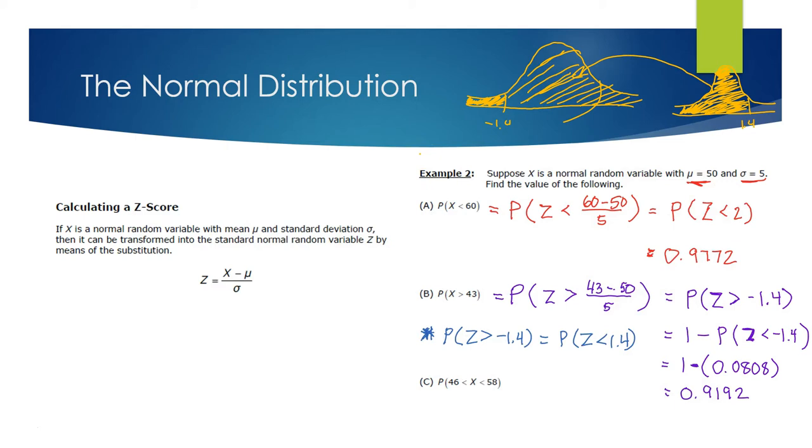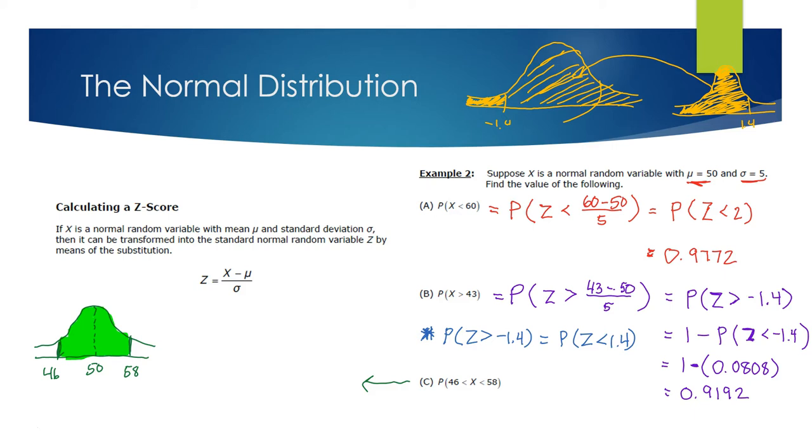So for C, give C a try, and then we'll go over it. Since I'm running out of room over here, let's move to the left for this one. I'm looking for a circumstance where one score is below the mean and the other one is above the mean. If it was a different location, I would handle it differently, but this is really no different than how I would handle it before.